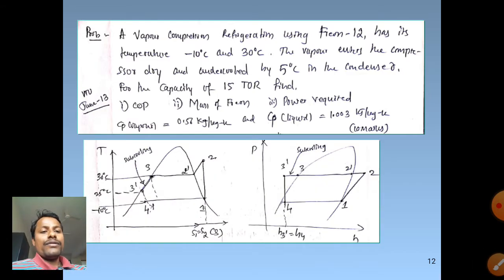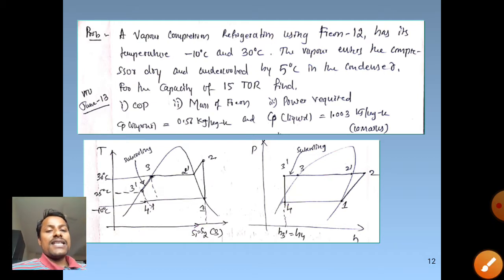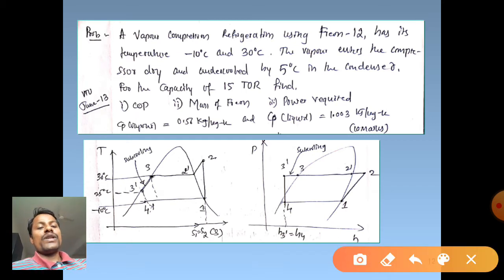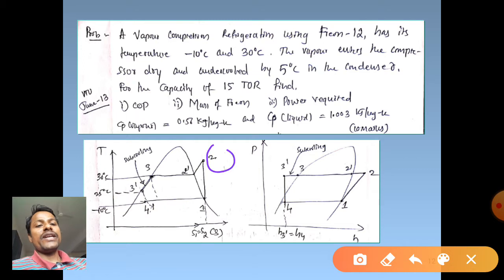As we have understood how to plot the temperature entropy diagram as well as the pH diagram for a VCR cycle with undercooling. At the inlet of the compressor, state 1 is dry saturated vapor, so it is marked on the saturated vapor line. Outlet it is superheated, so 2 to 2 dash, then 2 dash to 3 condensation, 3 to 3 dash it is getting condensed.